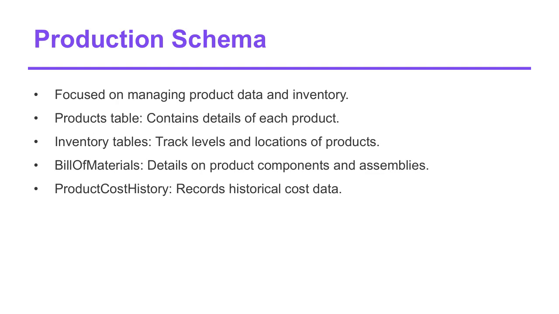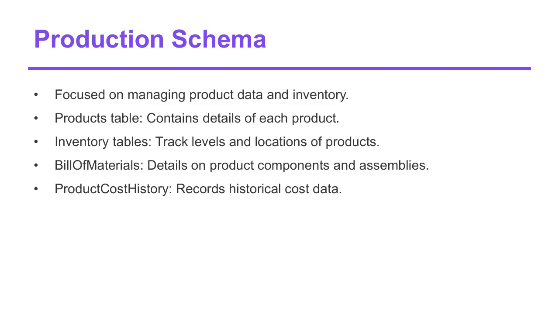In this section, we focus on the production schema, which plays a key role in managing product data and inventory within the database. The products table holds detailed information about each product, such as identifiers and descriptions. Inventory tables are essential for tracking the quantity and locations of products across different warehouses or stores. The Bill of Materials table provides information about the components that make up a product, including assemblies and their relationships, which is important for understanding how products are manufactured.